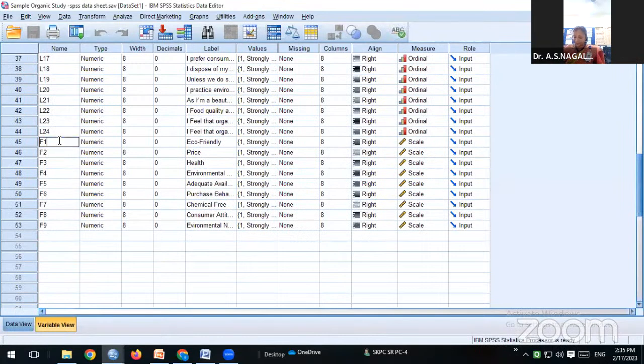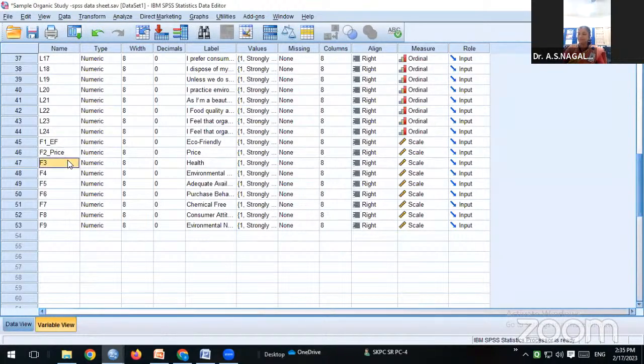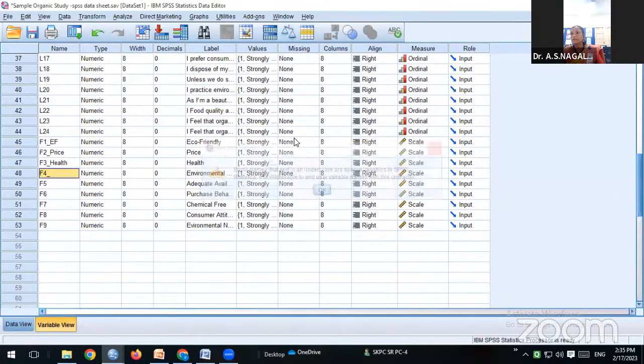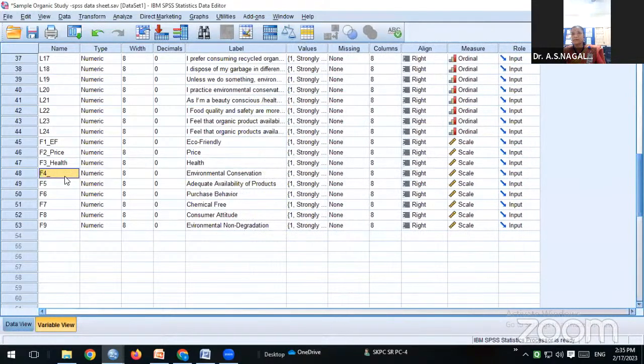Here, I'm going to say factor 1 is eco-friendly, factor 2 is price, factor 3 is health, 4 is environment, environmental concern.